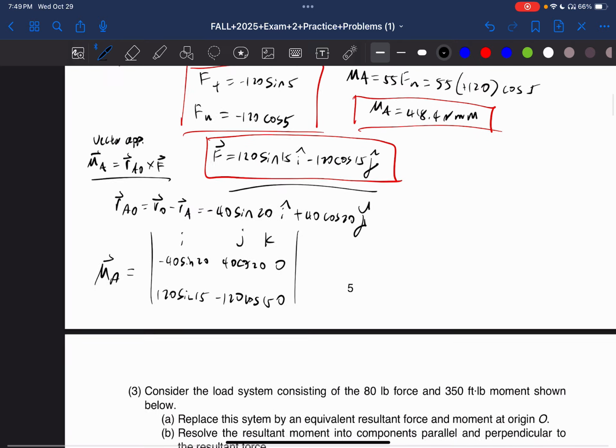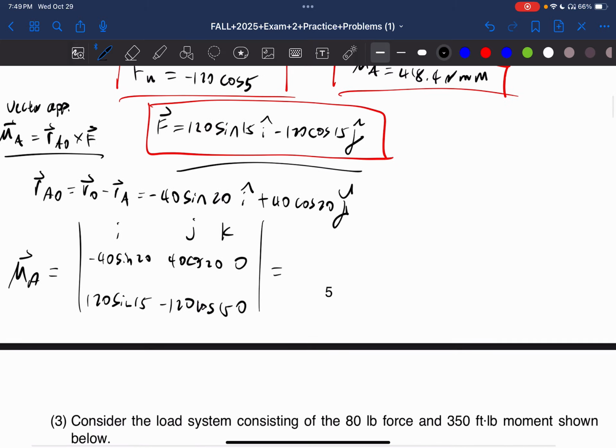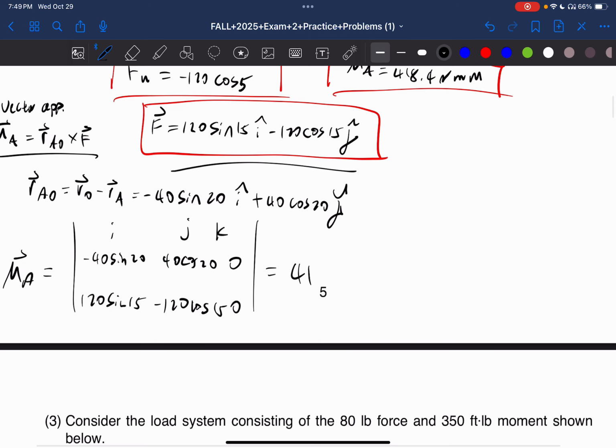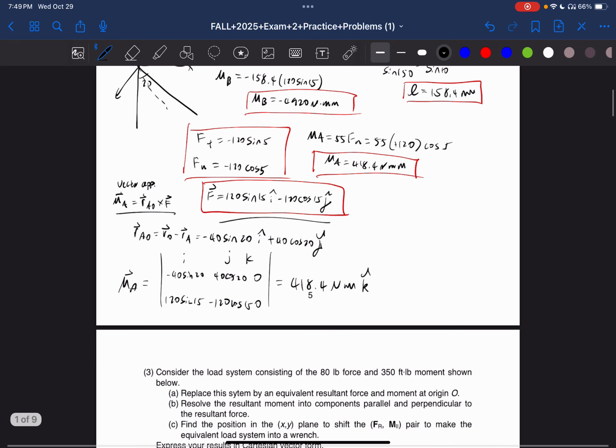I'm sure you know how to do a cross product. It's pretty easy, so we're just going to delete this. If you do i, it's going to be 0. If you do j, it's going to be 0. If you do k, we're only going to get a k value basically. So just do it yourself. It's 418.4 Newton millimeters in the k direction.